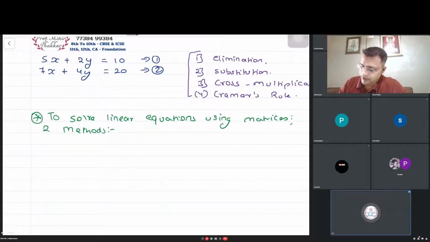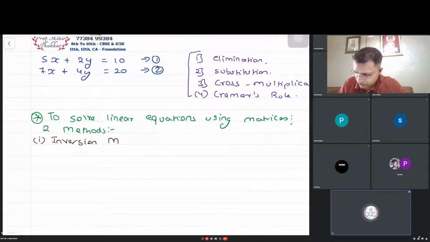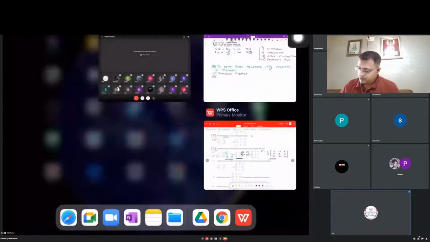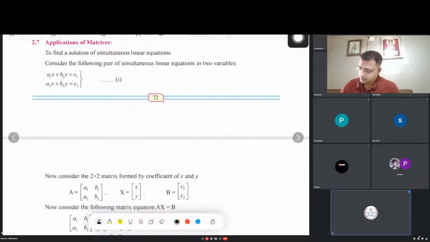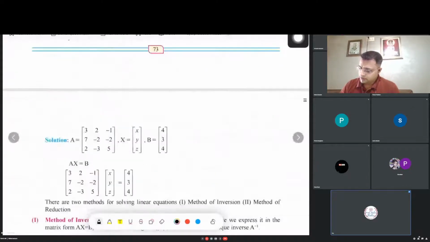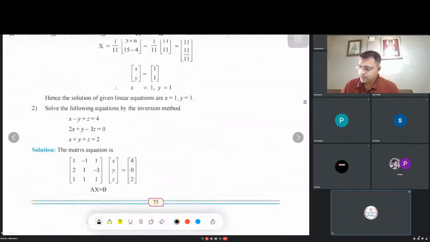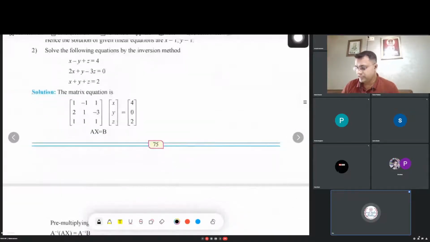The method number 1 is the inversion method, as I already told you. And the second method that you have is called the reduction method.